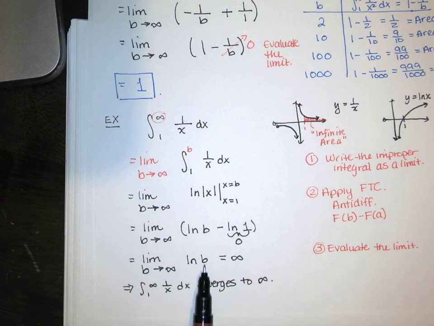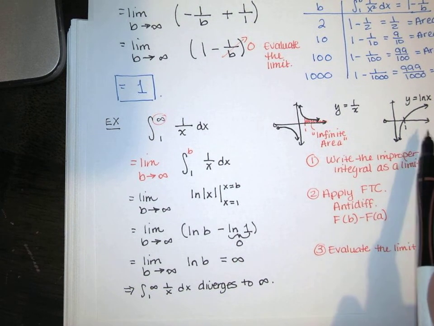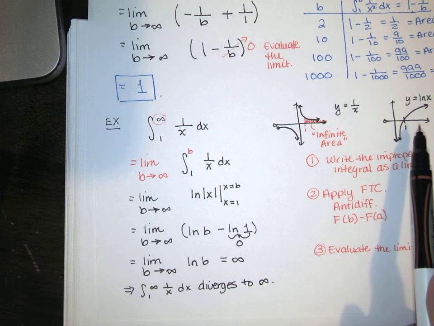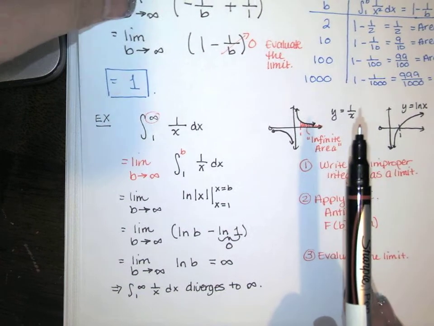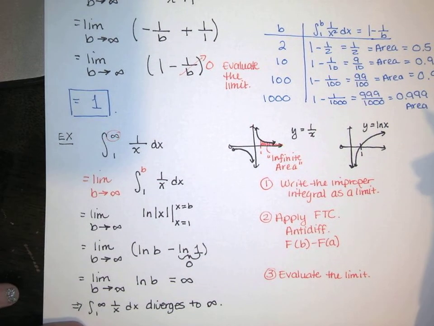Turns out if you put in like b equals, I think 10 to the 13th, natural log of that is only about 30. You might think that's not close to infinity. But this thing, it grows, and it grows very, very slowly. It's the tortoise and the hare. It's going to infinity, like it or not, it's getting there.